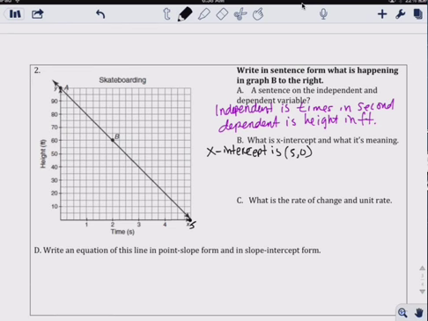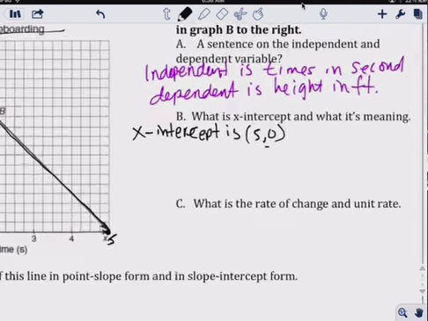It means that he's skateboarding from a height this high. It takes him 5 seconds to get to the bottom, 0 feet.